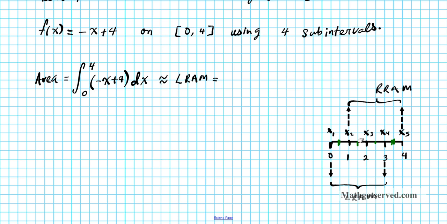So these green tick marks are what we're going to use to calculate our midpoint rectangular approximation. From here all the way to there is our midpoint rectangular approximation.